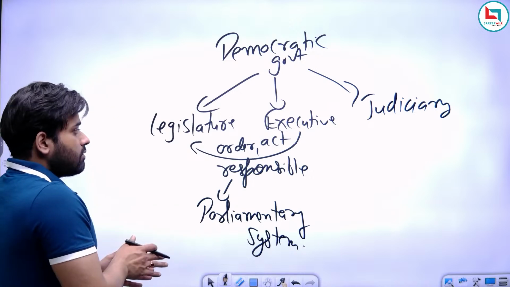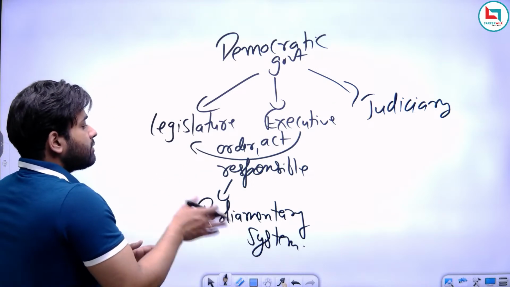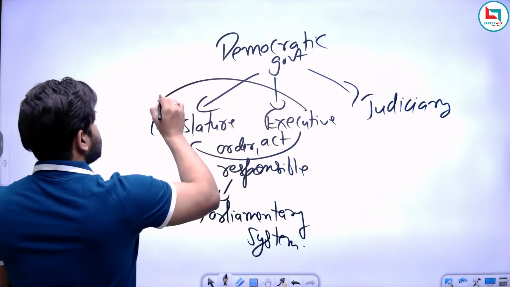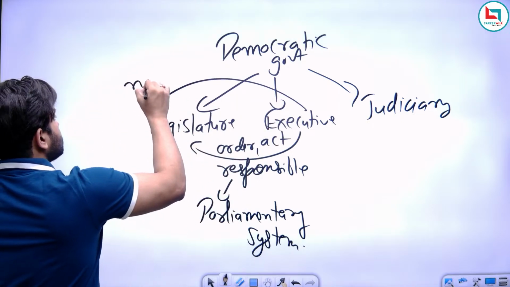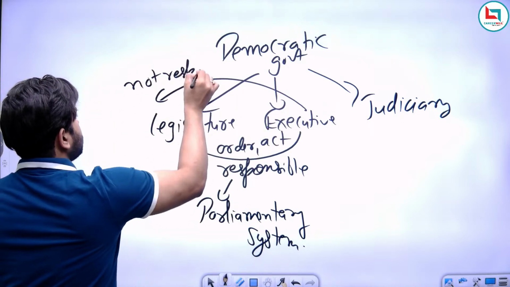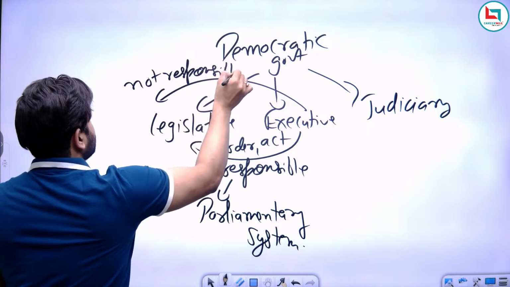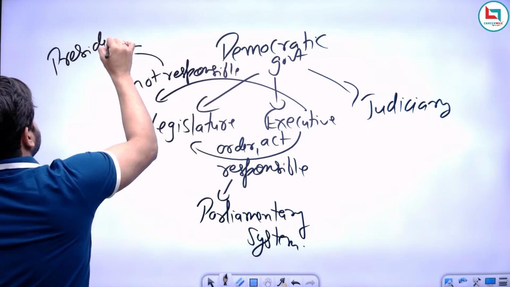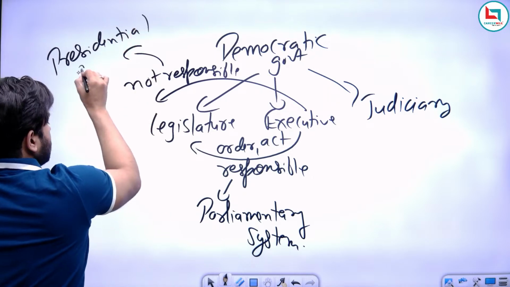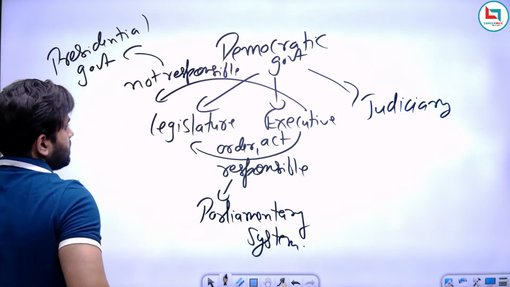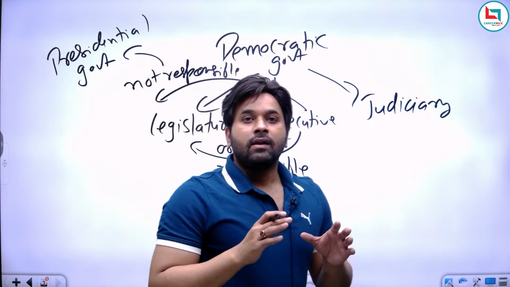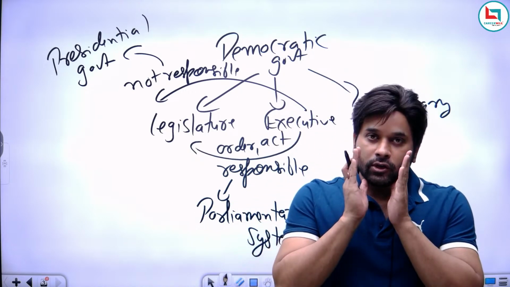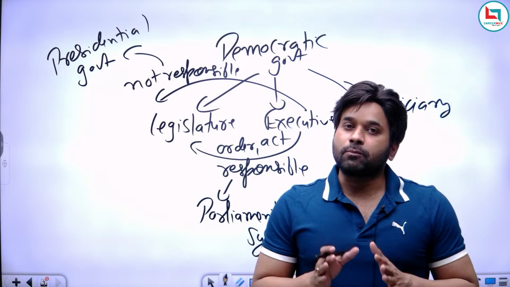But in a government where the executive is not responsible to the legislature, such a system is known as a presidential system or presidential government. So the difference between the 2 kinds of government is about responsibility.